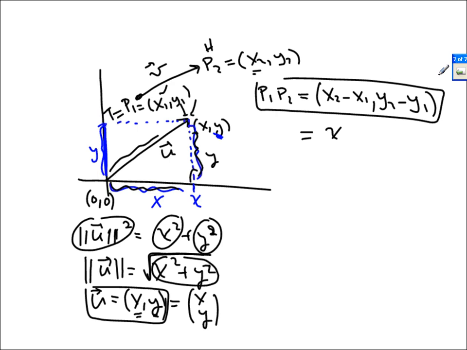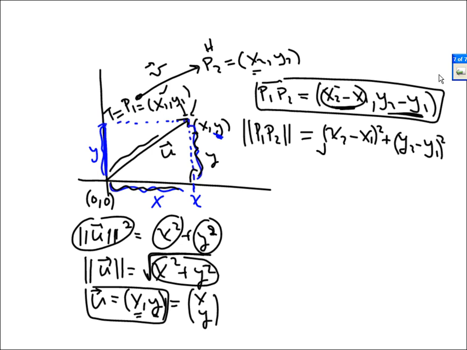P1P2 now starts at the origin, and the head is there. Well, once you have the head, you're done. The length of P1P2 is equal to the square root of x2 minus x1 squared plus y2 minus y1 squared. That's the length of P1P2.